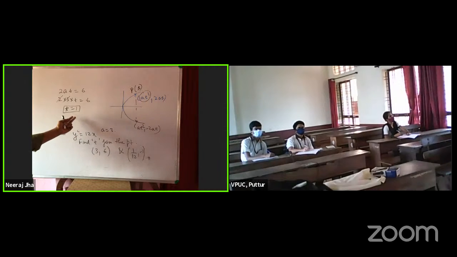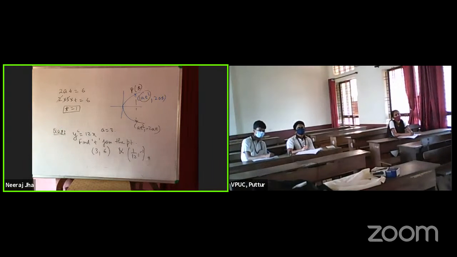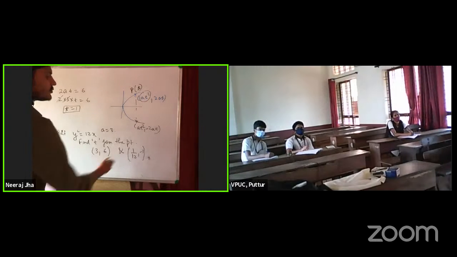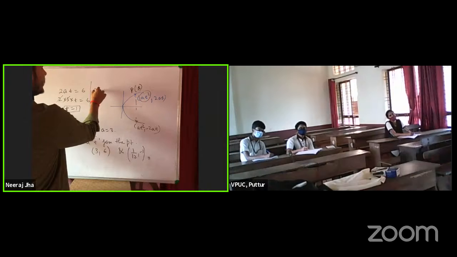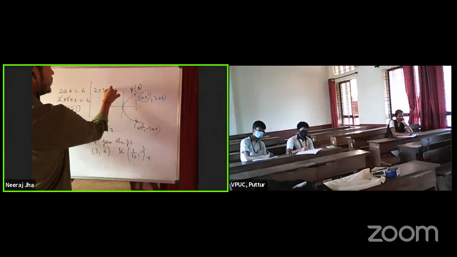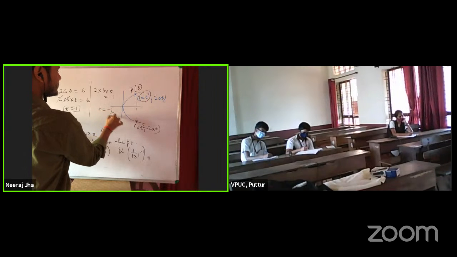Then again we have to solve for the y coordinate to see what t is. So please do it using y coordinates. For this problem also, 2 into a, which is 3, into t is equal to minus 1, so t is equal to minus 1 by 6. Its parameter is minus 1 by 6.